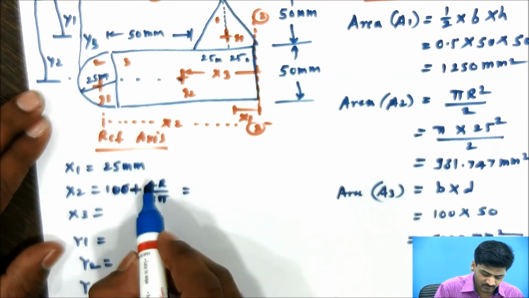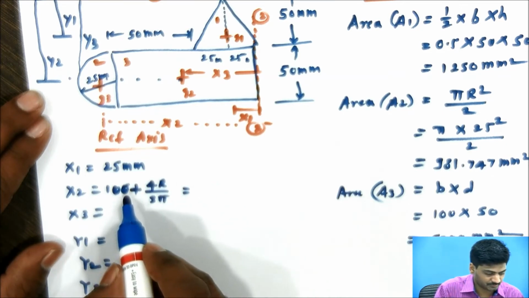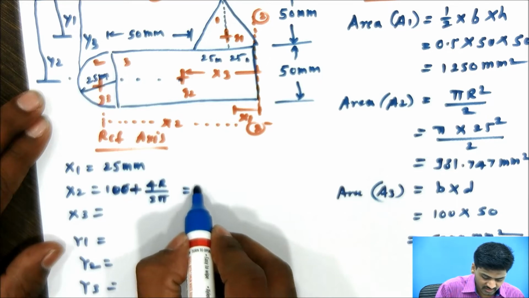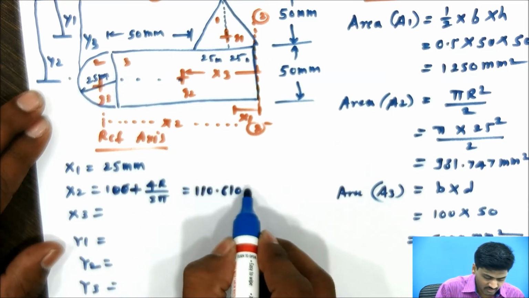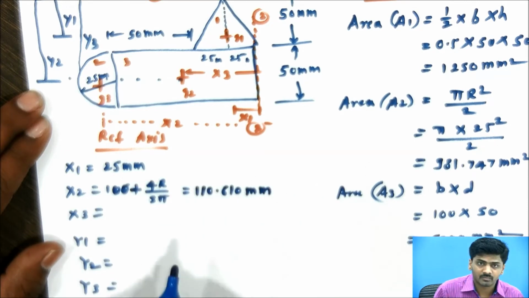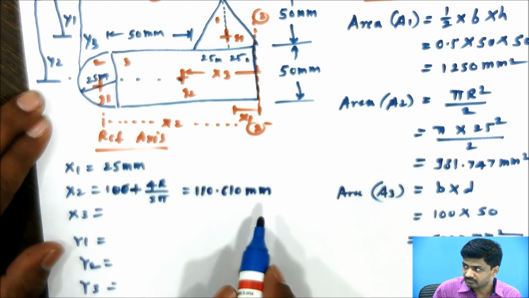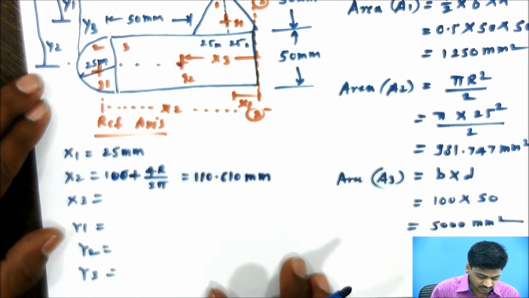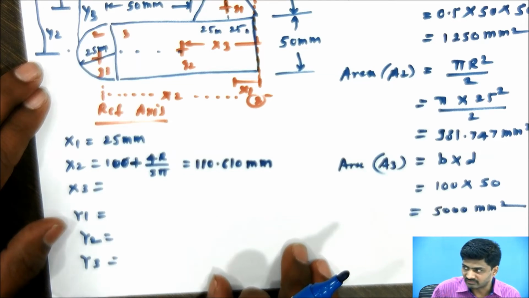So put the value, 4 into r, which is 25, divided by 3 pi, plus 100. After calculation you will get 110.610 mm.